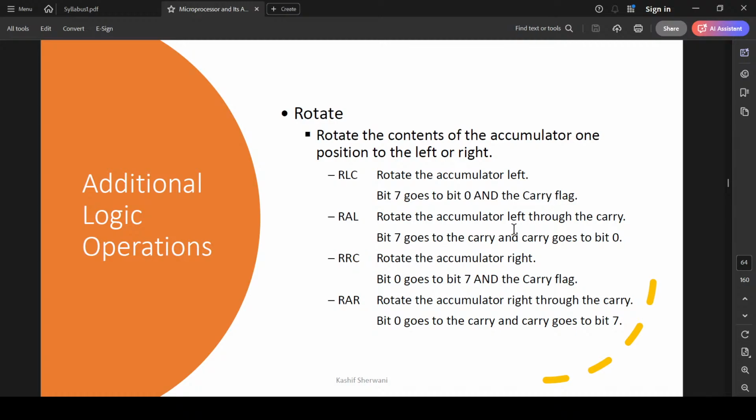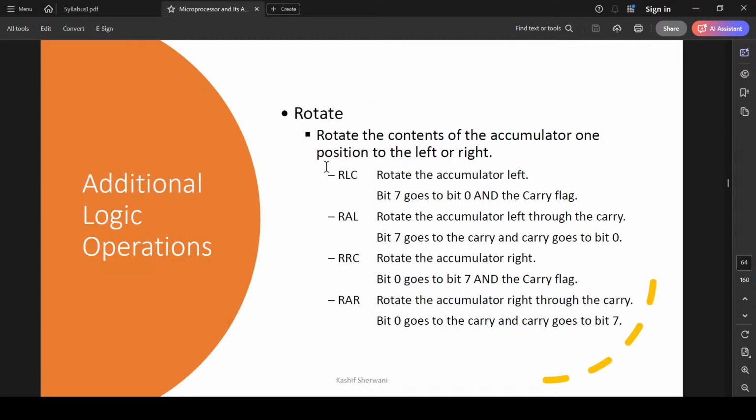RRC, rotate the accumulator right: bit 0 goes to bit 7 and the carry flag. RAR: bit 0 goes to the carry and carry goes to bit 7. Okay, got it.